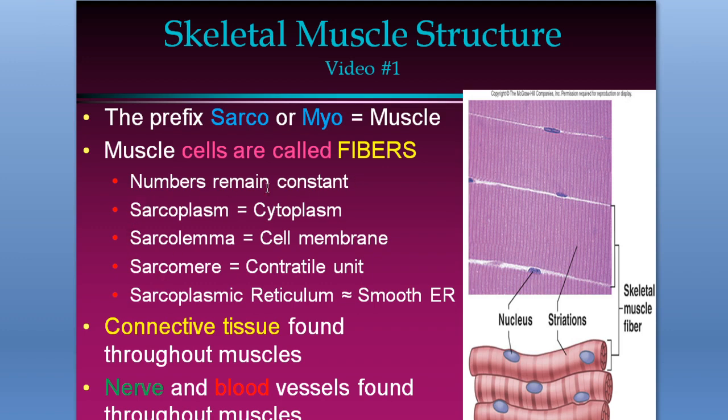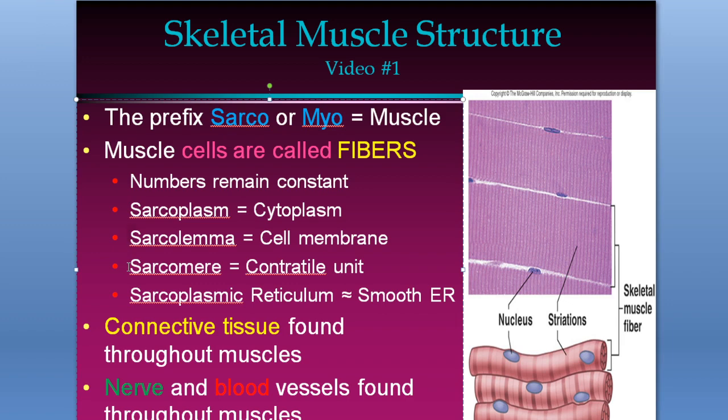Now, because of this weirdo thing with the muscle fiber not really being a cell, the cell components of a muscle all are a little bit unique. So, for example, the cytoplasm is called sarcoplasm. The cell membrane is called the sarcolemma.